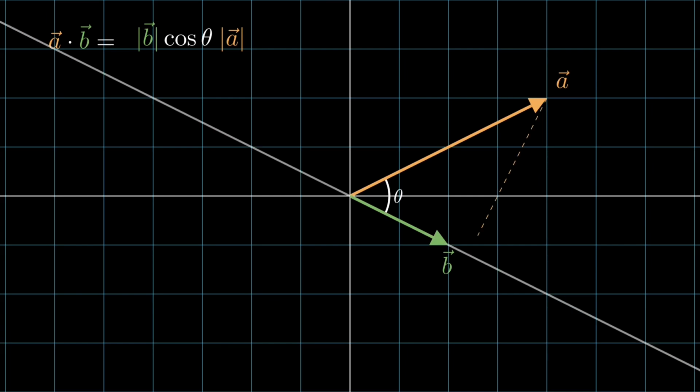We can try to do this the other way round by projecting A onto B instead, and once again we obtain B times A cos theta, which is the exact result we previously obtained.